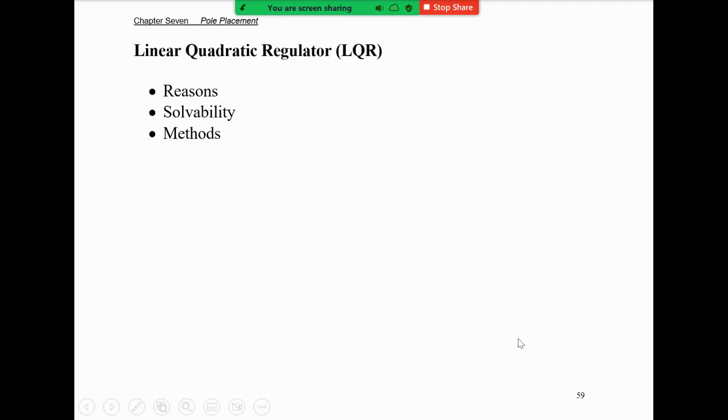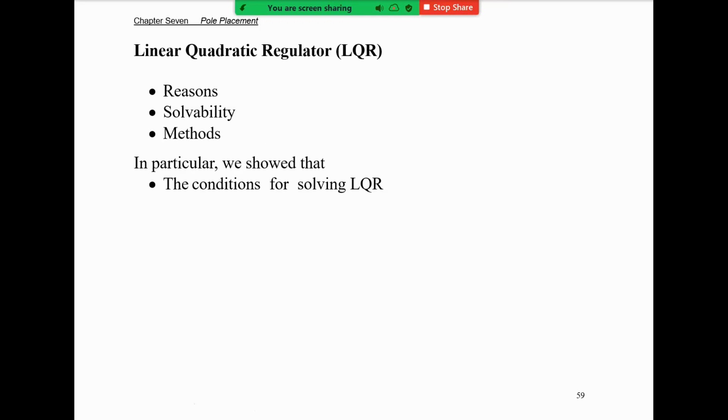Now let's summarize what we have learned while we give you the solution for the linear quadratic regulator. We want to achieve a trade-off between the speed and the cost. We discussed the conditions for solving the linear quadratic regulator problem. What are the conditions? The system has to be controllable. That is the same condition as for pole placement.